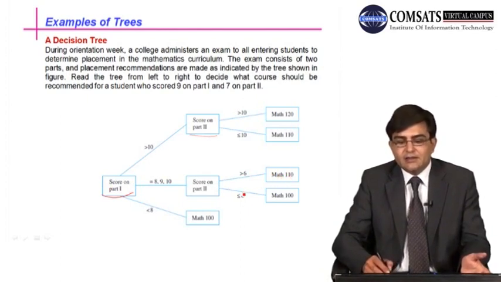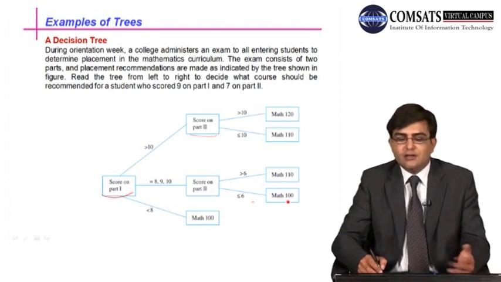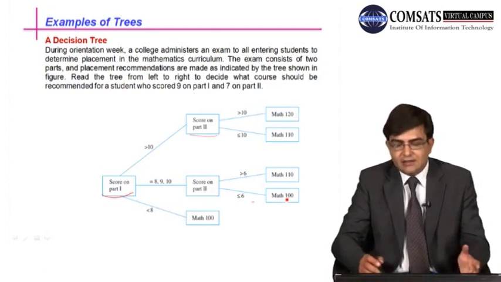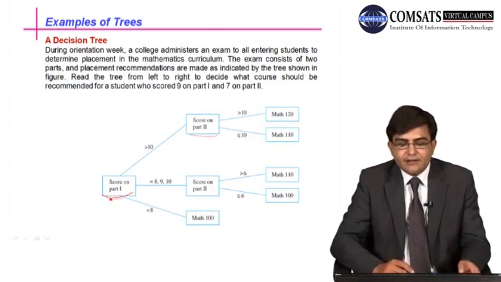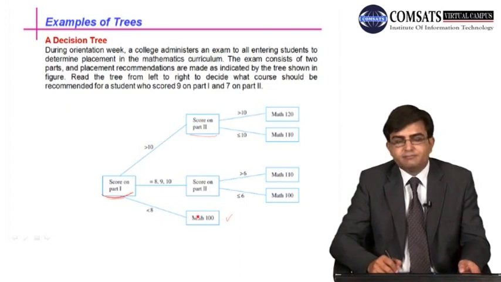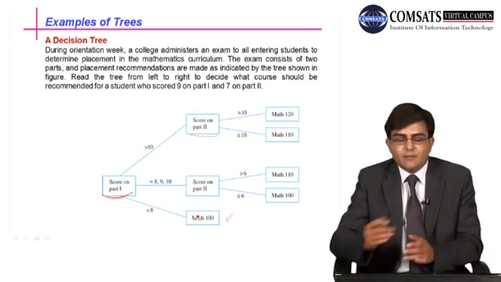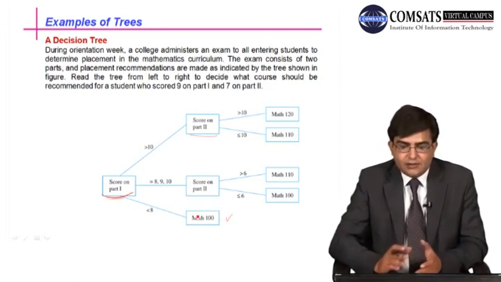In the second semester, if they obtain less than or equal to 6 marks, then they can opt for Math 100. These are all the courses. And if in the first semester some student got less than 8 marks, then he can only choose this course. So these are basically the grading.